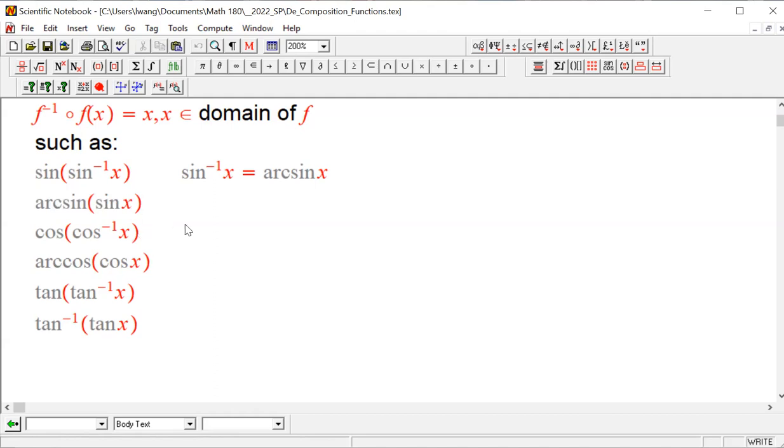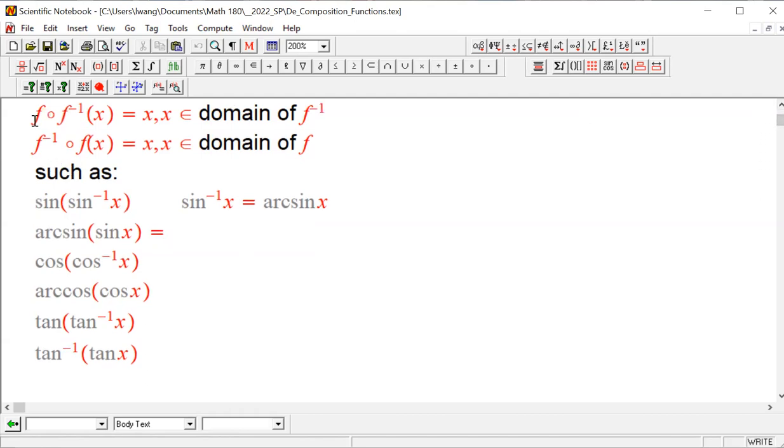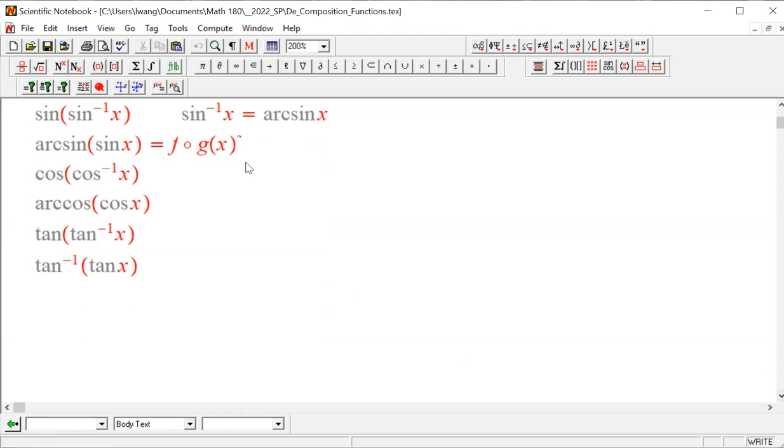And these are in the form of F composite G, a function of a function. We are certainly very familiar with this form. This is the general form, and these are the examples.